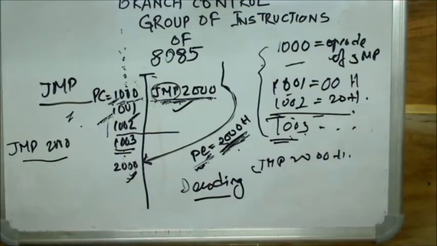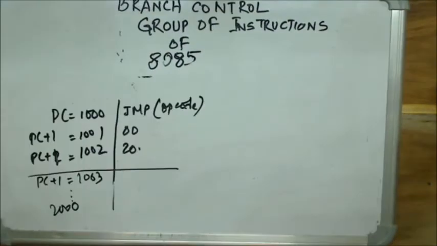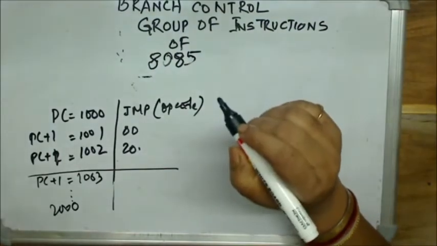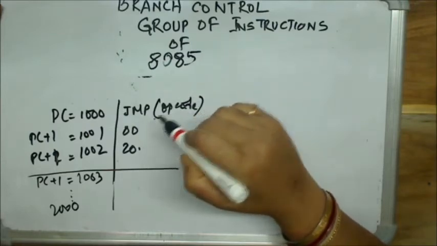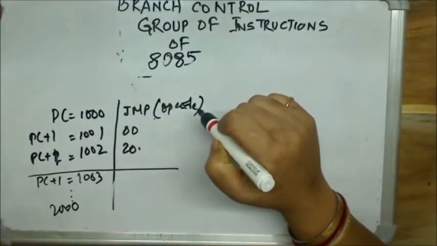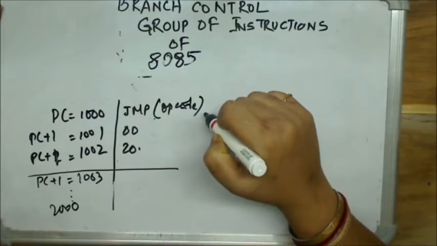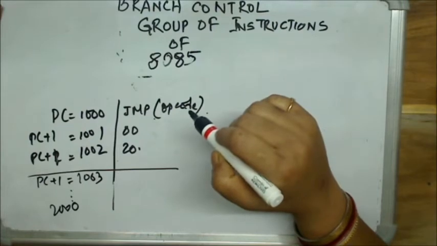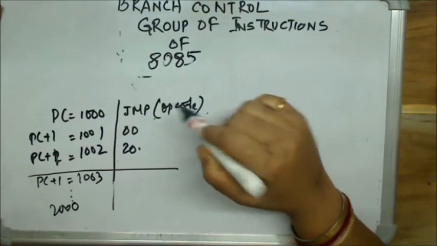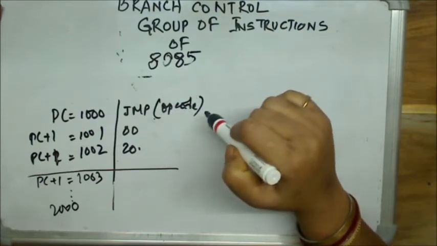Okay, now have you understood? When the microprocessor begins this instruction, what will it do first? The microprocessor will first fetch this instruction, jump, from the memory location and decode it.